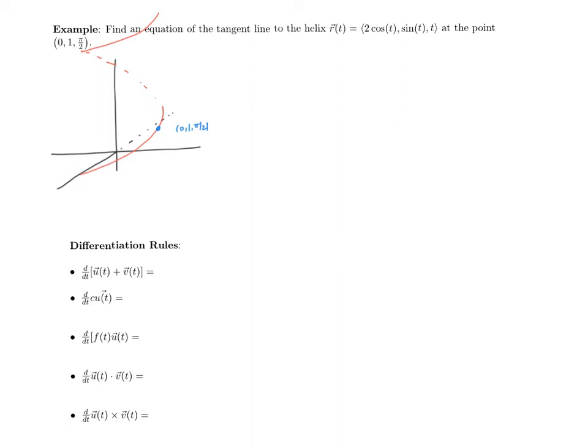If we sketch the tangent line at that point, roughly speaking, it might look something like this. What we would like to do is find the equation of this tangent line. So I'm going to ask you to pause the video, take hopefully just 2 or 3 minutes, use the previous example as a template or blueprint, and see if you can come up with the equation of that tangent line.